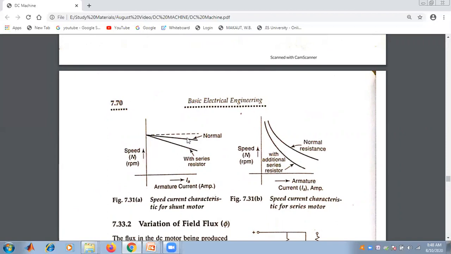This is the normal value of the speed, and this is the graph of speed versus armature current with the series resistor. This is another speed armature current characteristic, of the series motor, and with the additional series resistor it is clearly seen that the speed is decreased.